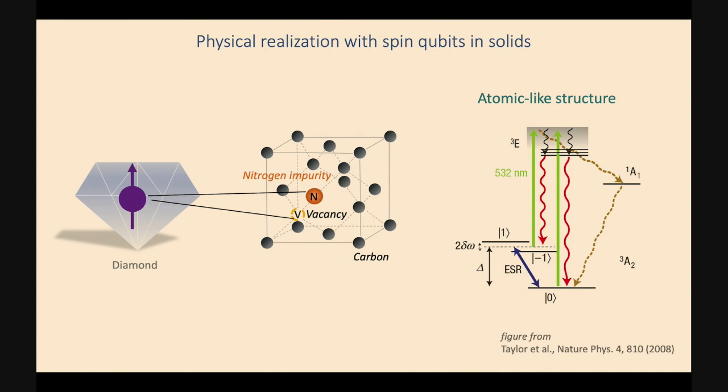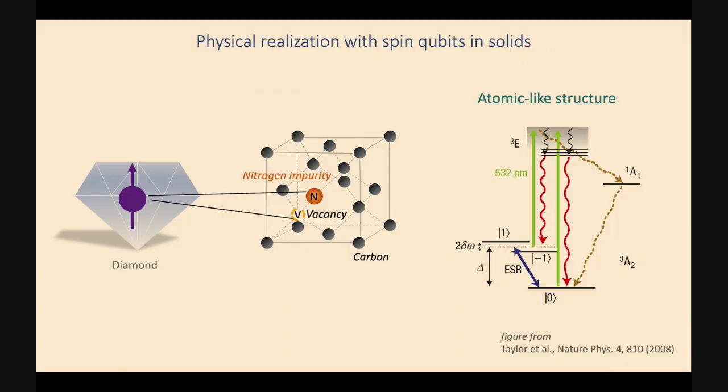So this complex is known as a nitrogen vacancy center in diamond. And it has an atomic-like structure. So on the right side of the slide, you can see that it has these lower levels, which 2 of these can be taken as a quantum bit, a qubit, and also has this optical interface. So photons can come out in the way I showed you.